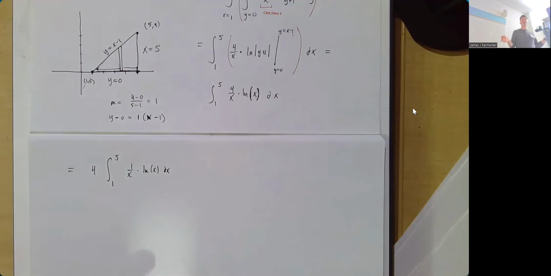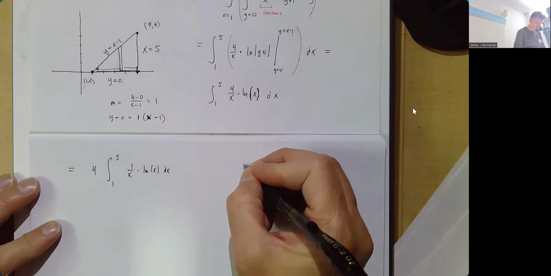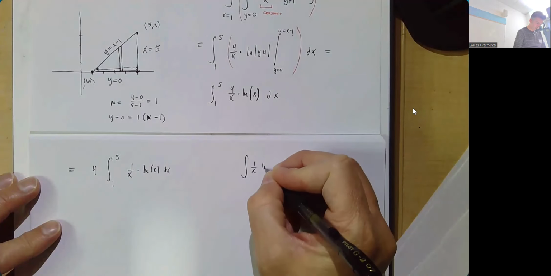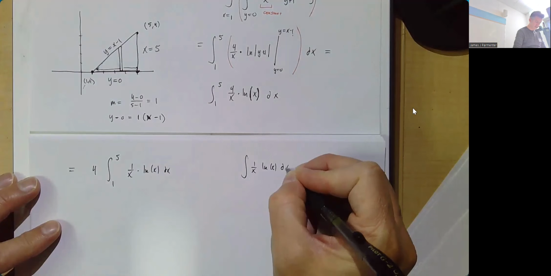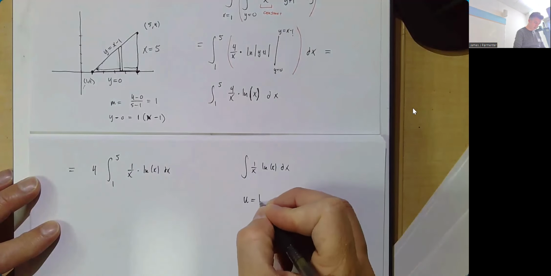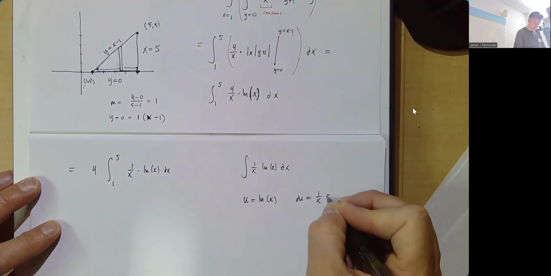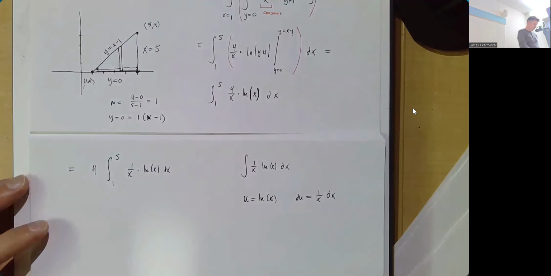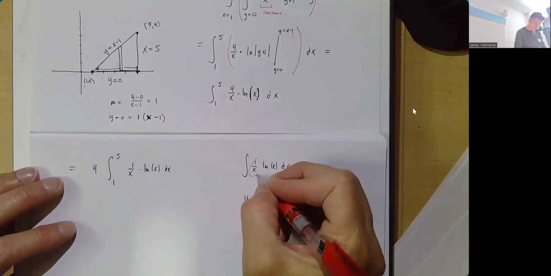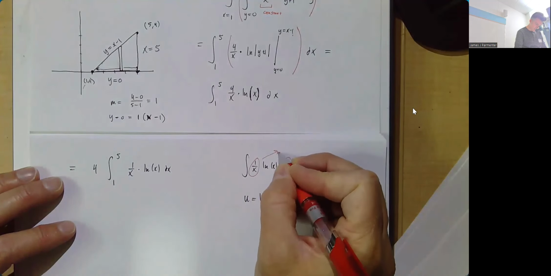And here U sub will work. I'm just going to do the indefinite integral off to the side here. If I let U equal the natural log of x, du is exactly 1 over x times dx. So great. There's my du.